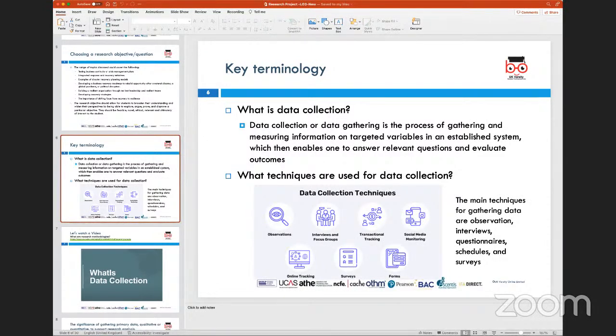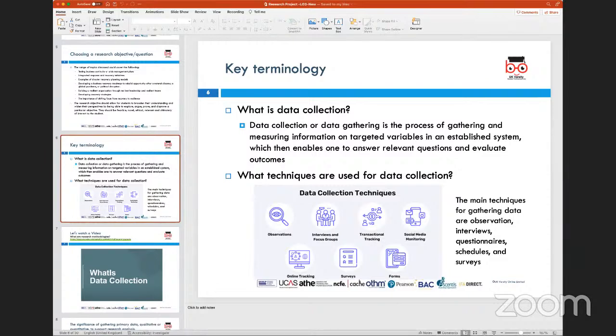Now, there are different types of data collection techniques. Some of them I've listed on the slides. They are broken down into primary and secondary data collection techniques. Primary tend to be through interviews, surveys, questionnaires, focus groups, or techniques through which you are collecting data firsthand. That means you're speaking to the source, and then you are collecting that data.